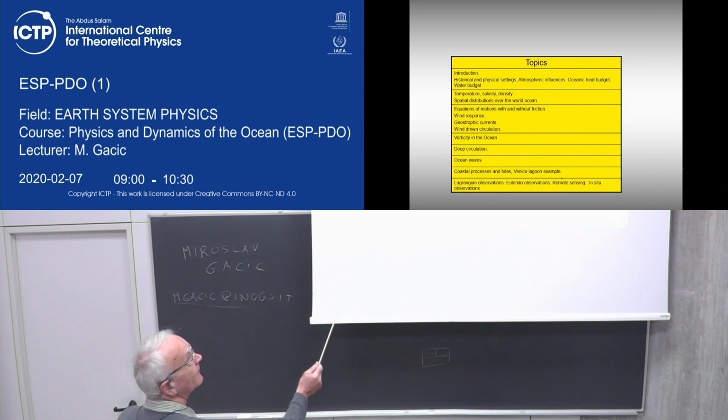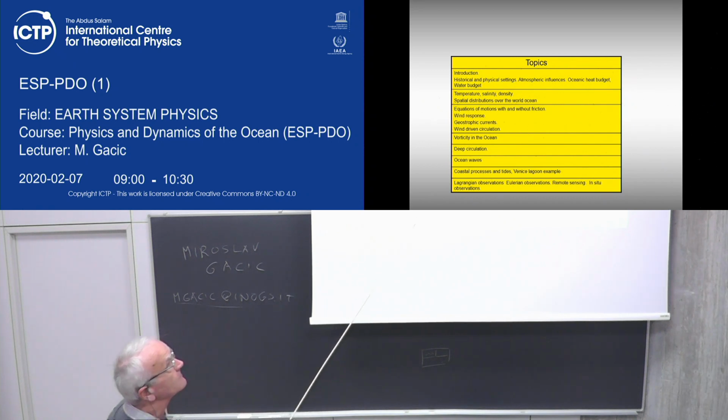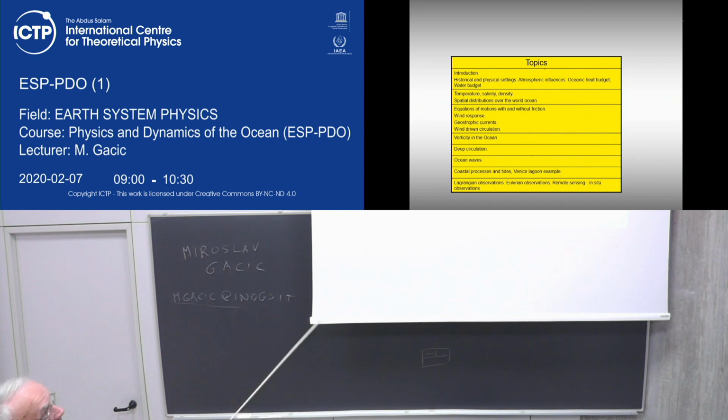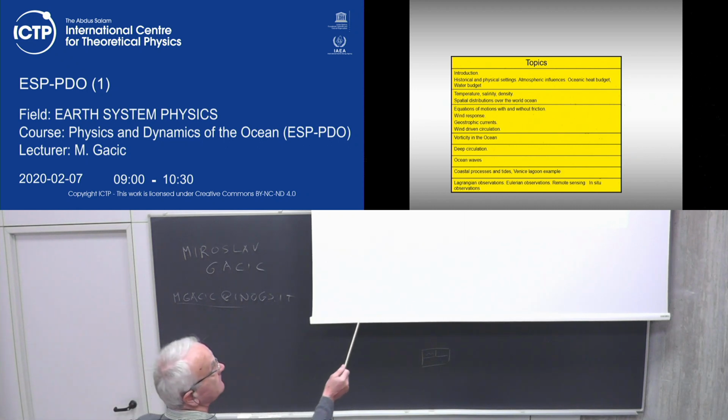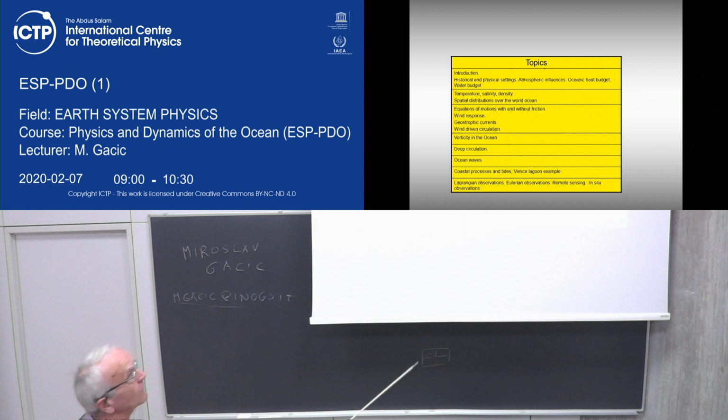And then we come to the third part, which is the motion of the ocean, and some consideration of the equations of motion with and without friction. With and without friction, because friction to a certain extent complicates life in the ocean, but we have to take it into consideration, otherwise we cannot describe the motions in the ocean in a satisfactory way.